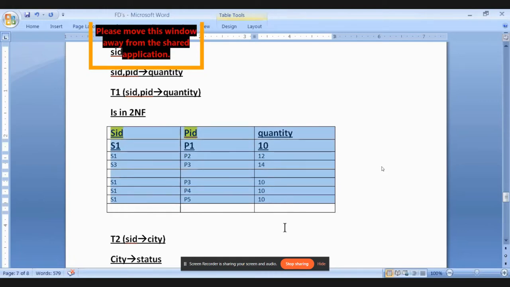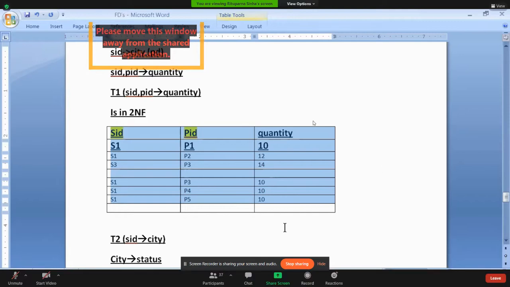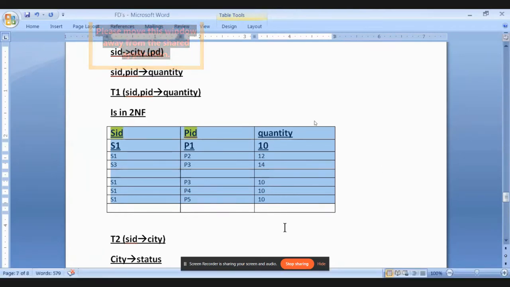Does the T1 table have redundancy? Can anybody tell me, T1 has redundancy or not?